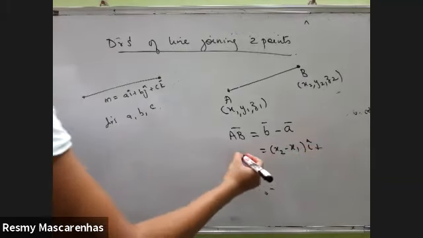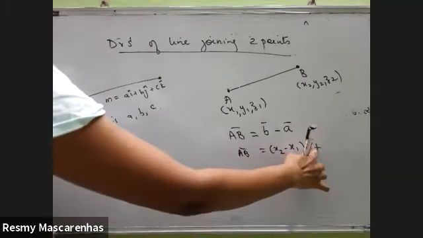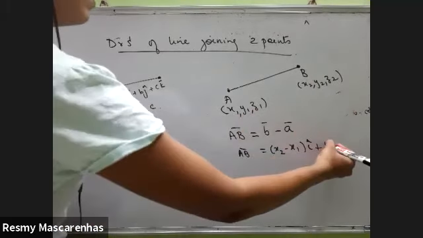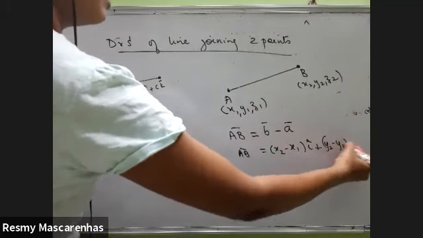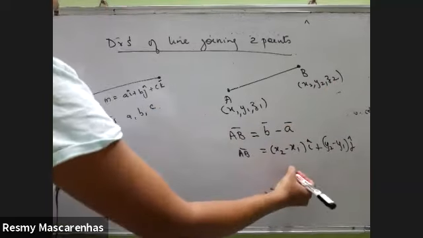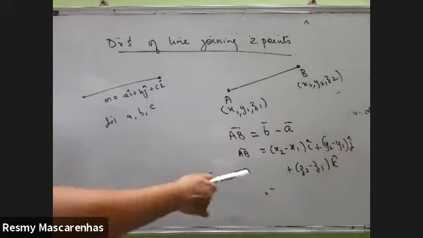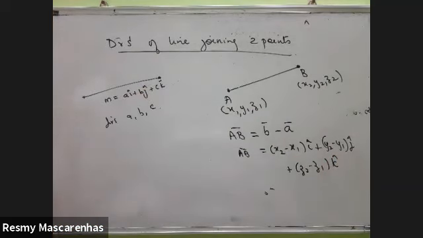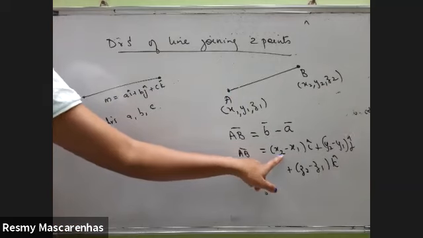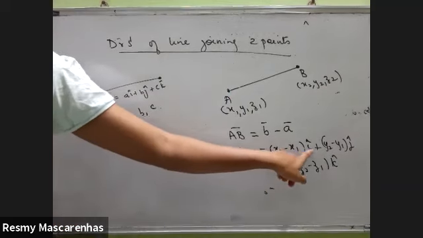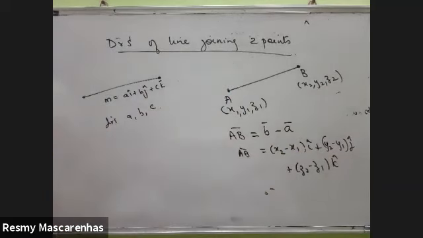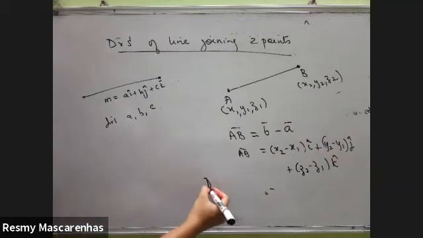Then plus y2 minus y1 j cap, and the last one will be z2 minus z1 k cap. So this is the vector form, the AB bar vector. What will be the direction ratios now?